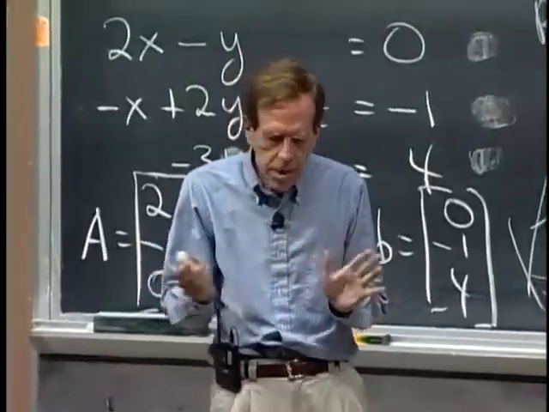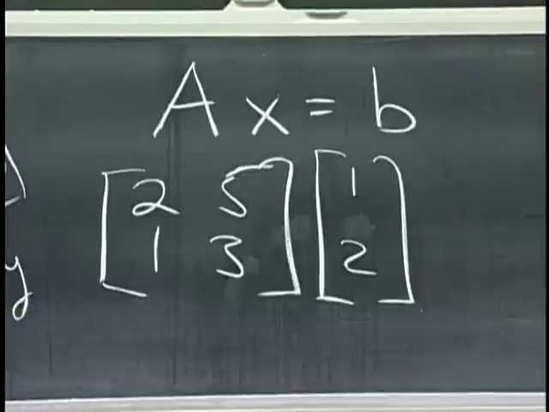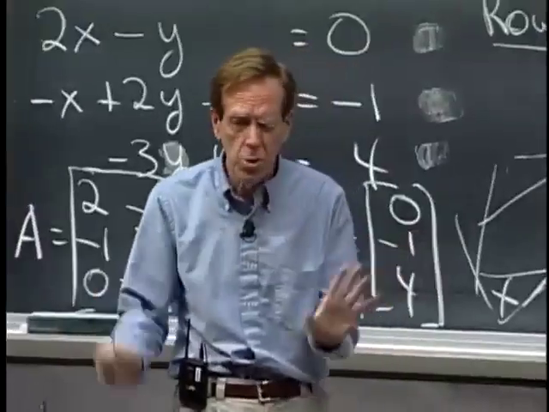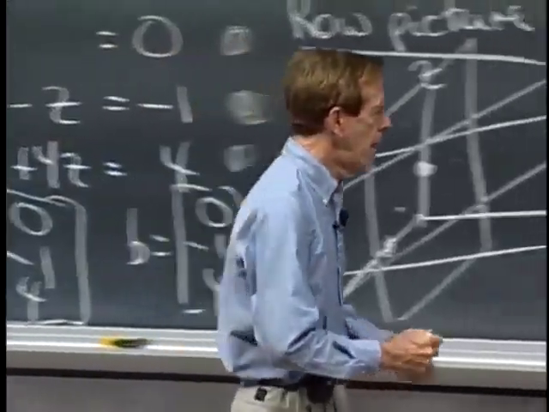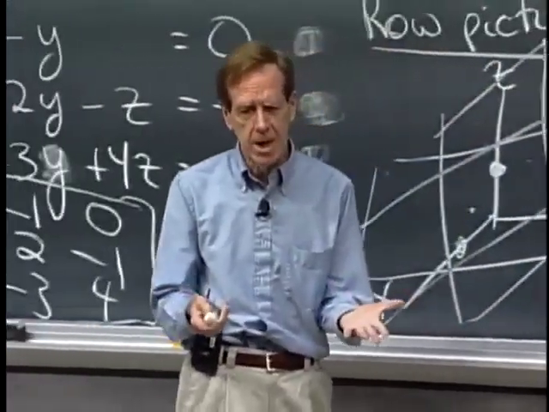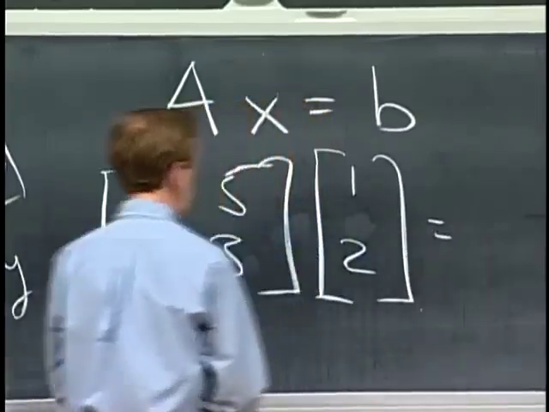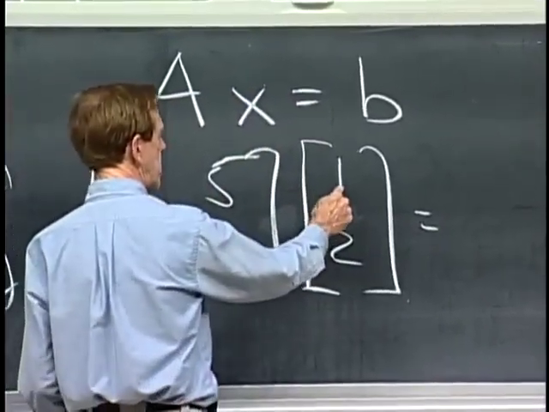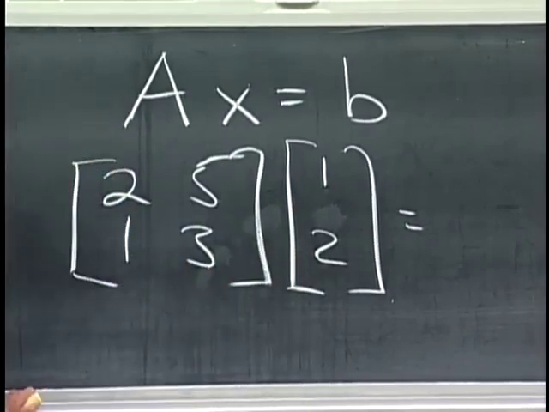Just think a little bit about matrix notation and how to do that multiplication. Actually, there are 2 ways to do it. Let me tell you my favorite way. It's columns again. It's a column at a time. For me, this matrix multiplication says I take 1 of that column and 2 of that column and add.